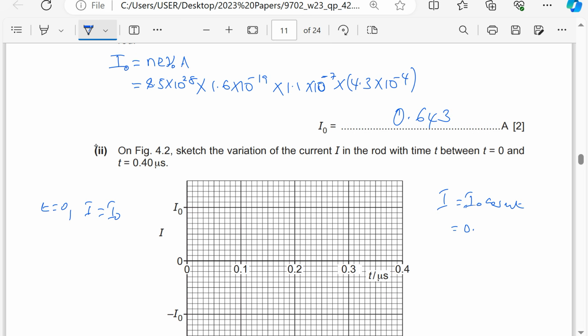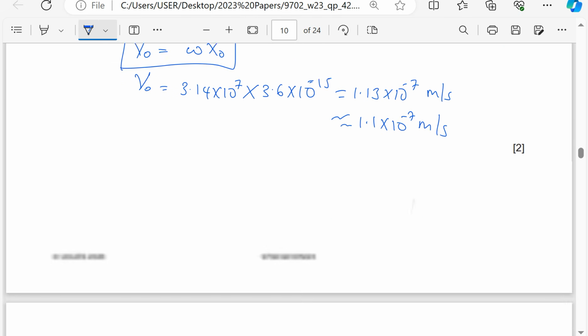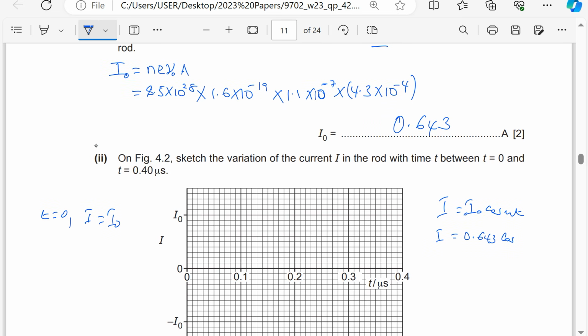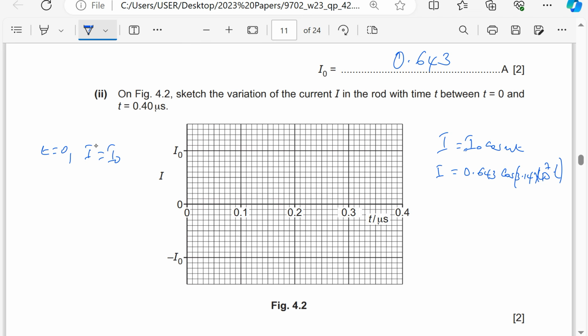I will be equal to 0.643 cos. I think omega was 3.14 times 10 to the power of 7, then times t. So it means when t is 0, I is equal to I naught. So the graph is going to be here.